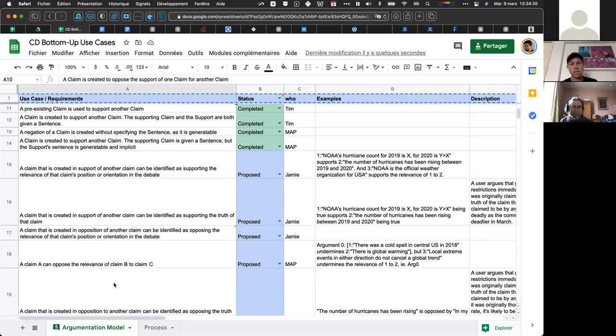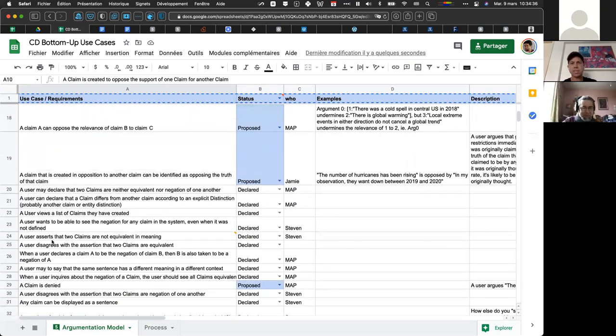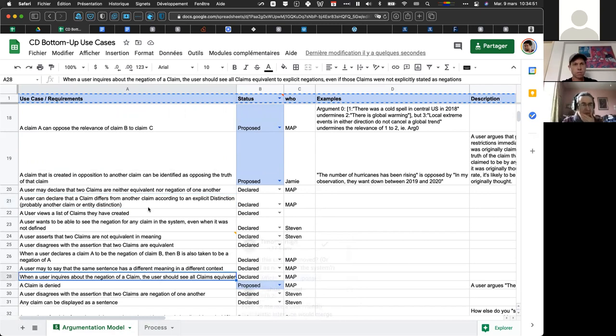Well, okay, the one where a user always sees the negation. I wouldn't even say it's process. I would just say it's not argument modeling. So move it out of here for now, and we'll take it up at a later date. Okay, which one was it? The user should. I don't know. 23 is one.